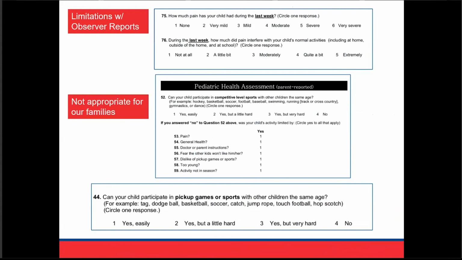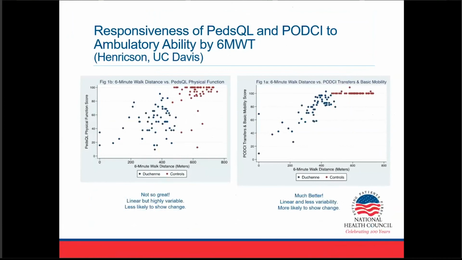And you can actually go to the next slide, where we've worked with researchers where we do see, when they look at the data, that mobility-related PRO scales within the PODCI are sensitive enough to look at differences in functional mobility. Here you actually see UC Davis shows that the PODCI measures do lend clinical meaning to changes in functional abilities on what's called the 6-minute walk test.